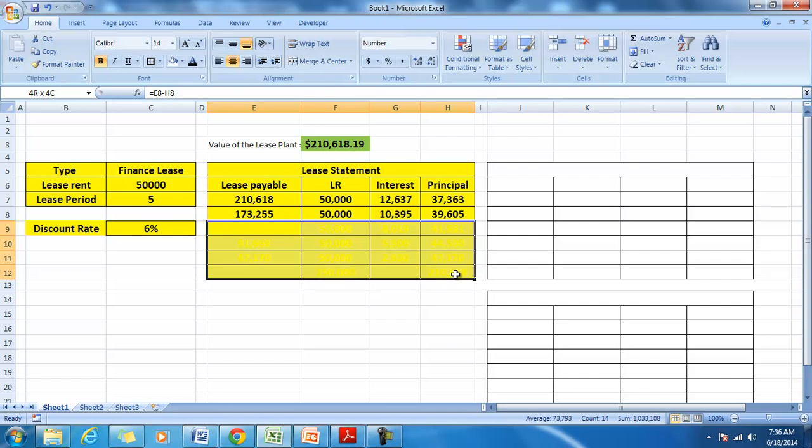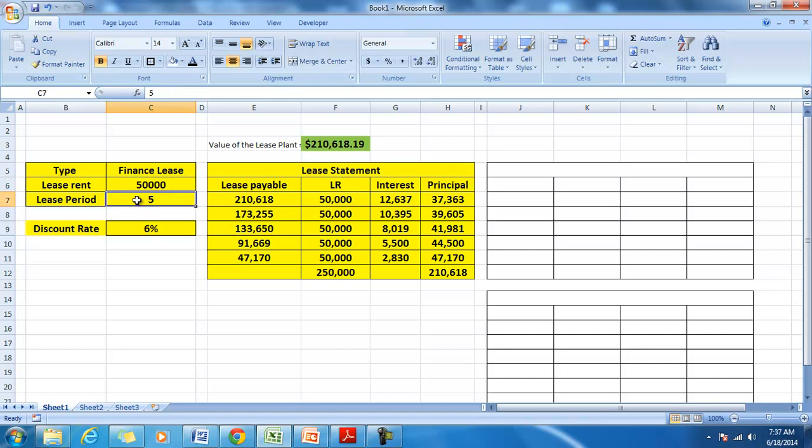We can do that for all the 5 years, and we see that the total money paid in the form of lease rent is 250,000, which is 50,000 into 5, divided into interest and the corresponding component of the principal.